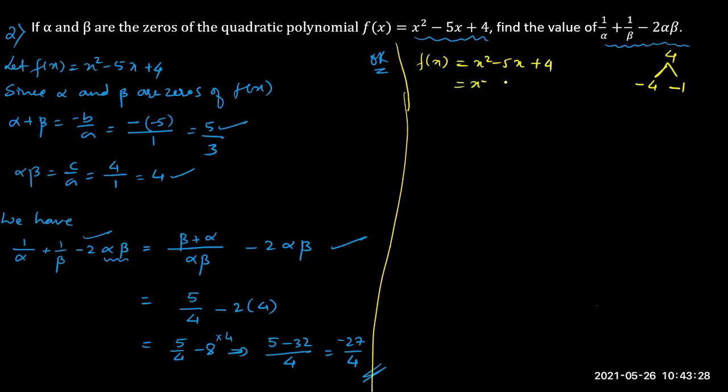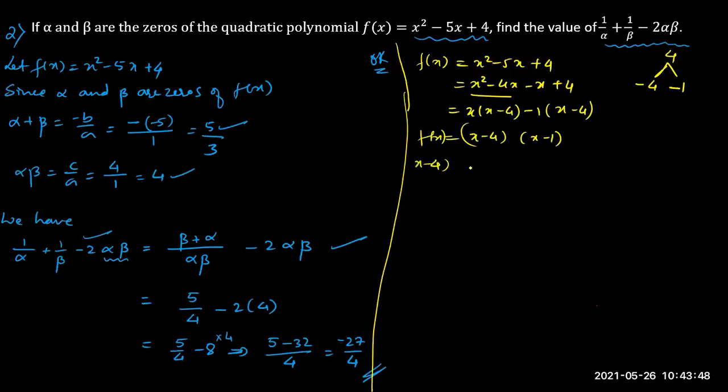So x square minus 4x minus x plus 4. So x is common, x minus 4, minus 1 is common, x minus 4. So x minus 4 into bracket x minus 1. So this is f of x. Now x minus 4 into bracket x minus 1 equal to 0, and x equal to 4, x equal to 1.